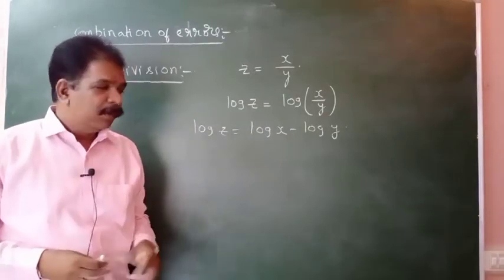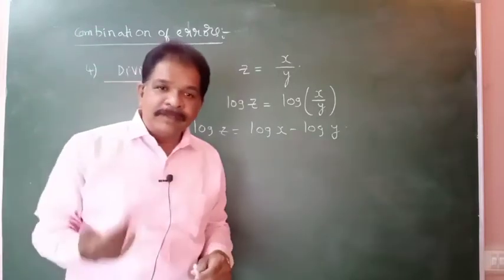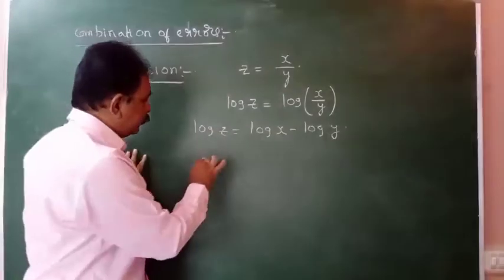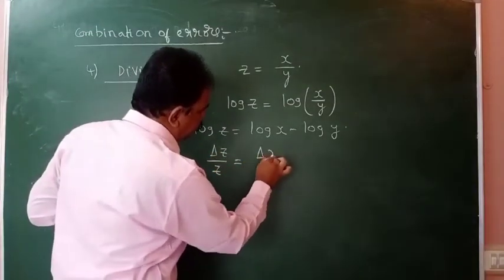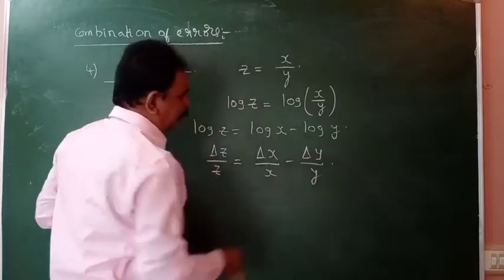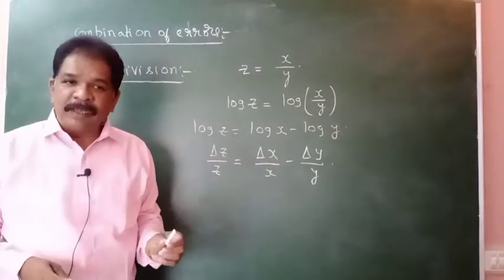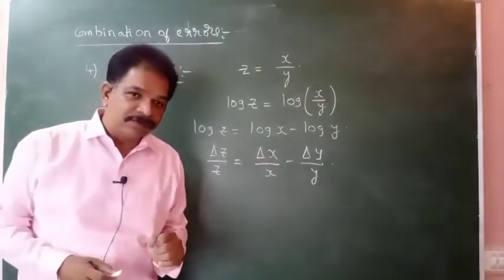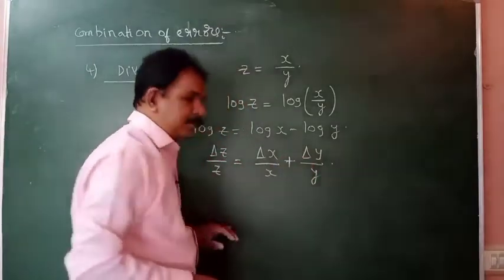The formula is: log of a by b is equal to log a minus log b. Then if you differentiate this one, delta z by z is equal to delta x by x minus delta y by y. But while calculating the relative error in division also, you have to take it as plus only.